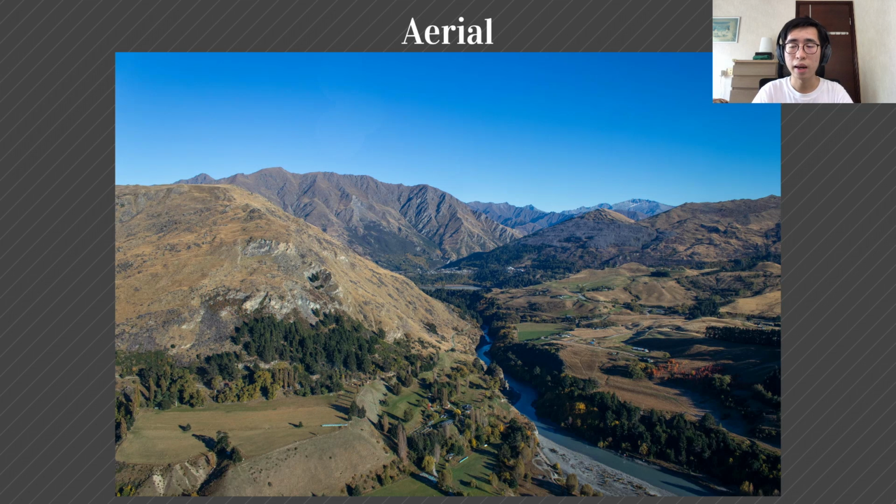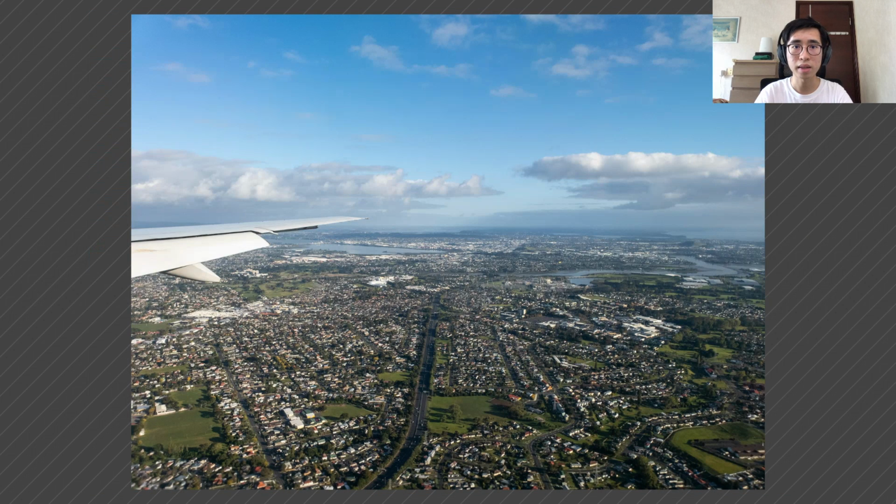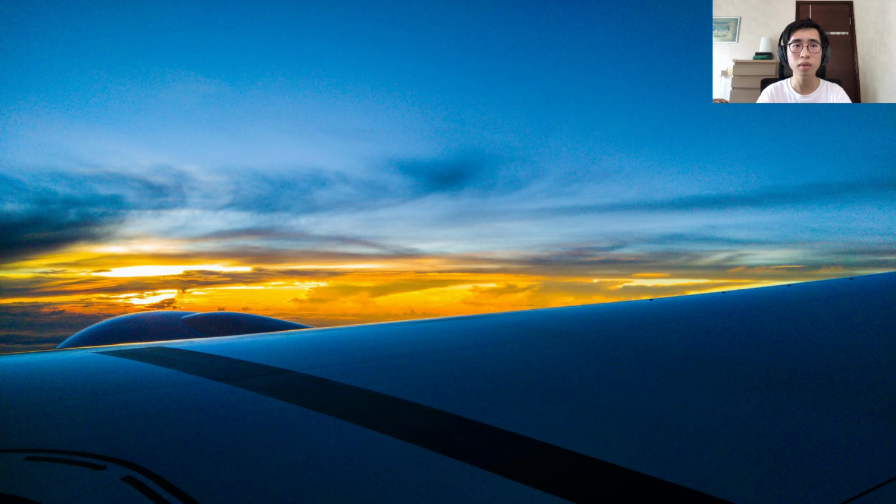Aerial is another option. Like this one, I was riding on a helicopter, so this photo was taken from a helicopter. Maybe on planes as well, where when you are landing, maybe you can capture some beautiful sceneries. Or even on the plane, maybe sunrise, sunset during your long haul flight.